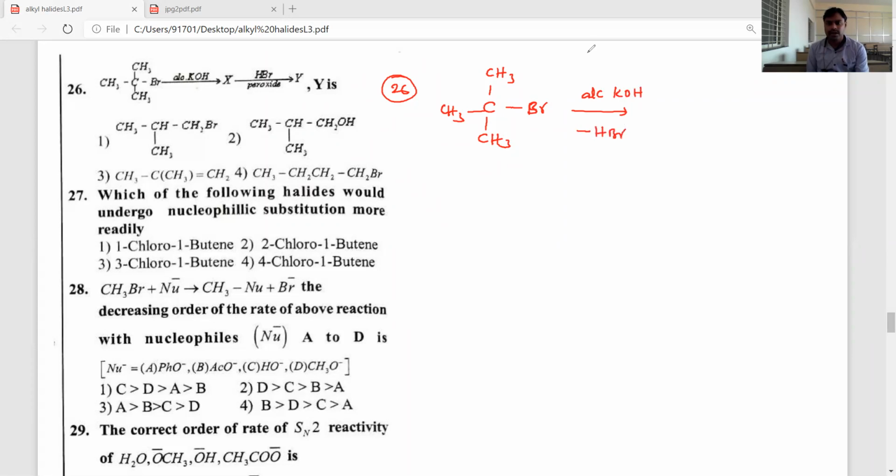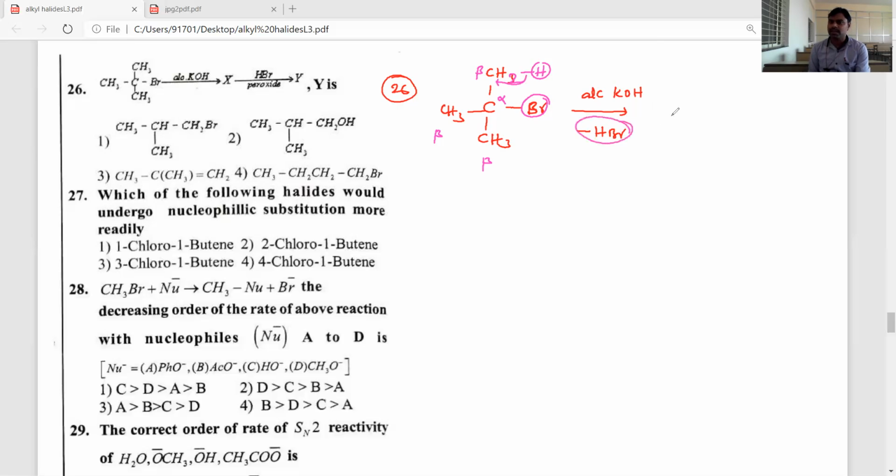When treated with alcoholic KOH, dehydrohalogenation will take place. The halogen-attached carbon is called the alpha carbon. The adjacent carbons are called beta carbons. See here how many beta carbons are present: 3 beta carbons. At any one you have to remove one hydrogen atom, producing the product with loss of HBr.